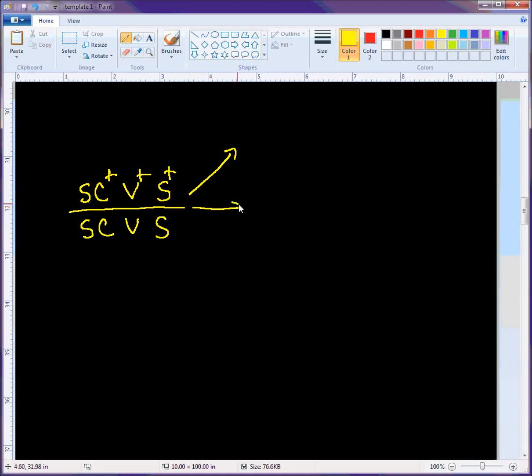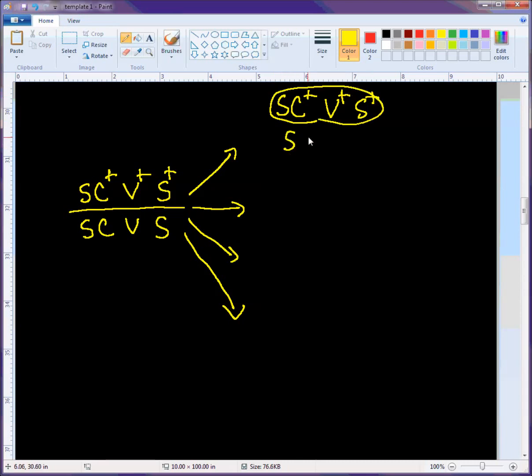Now meiosis in the F1 female is going to produce 4 different classes of gametes. The non-crossover class, the single crossover class. So remember, S is going up, S plus is going down.